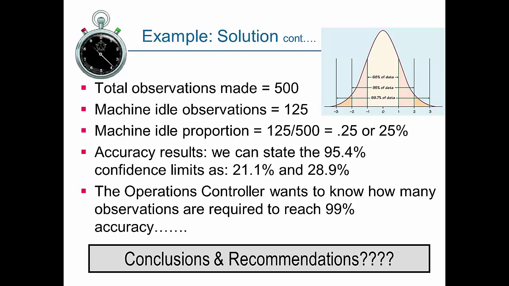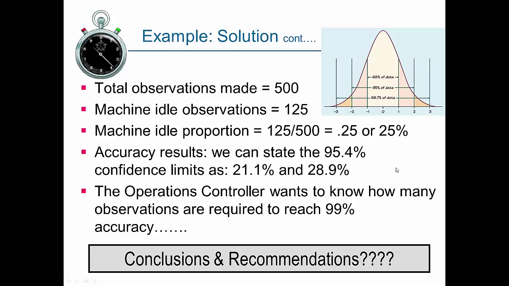And so, accuracy results. I don't know if I like the word accuracy here. Let's just say results. We can state that we have captured 95% of the population. I'll explain this 95% confidence limit in a minute, but 95.4 to be exact, 95% of the population is going to be within 21.1% and 28.9%.